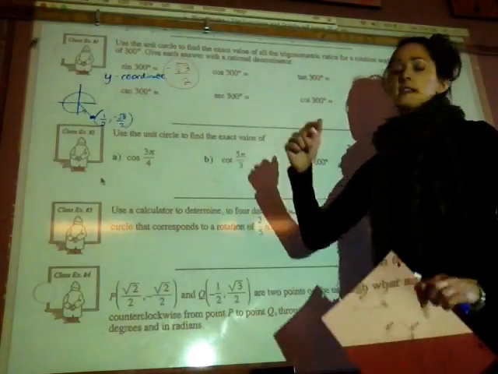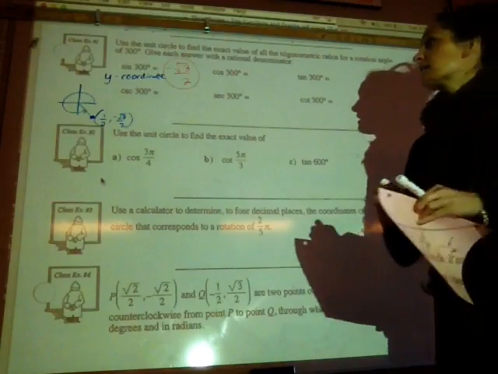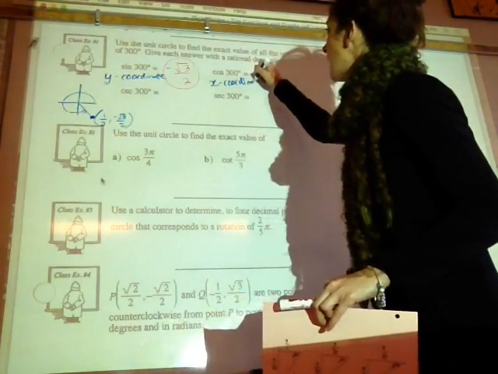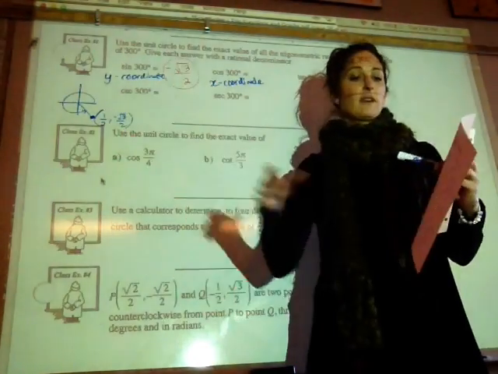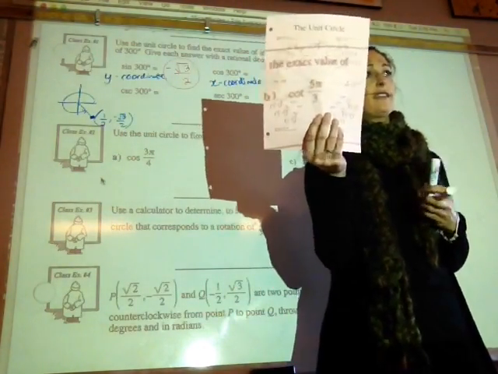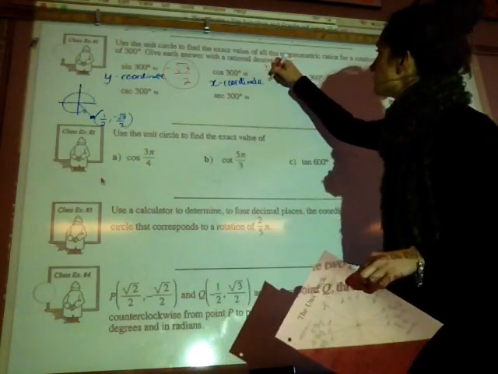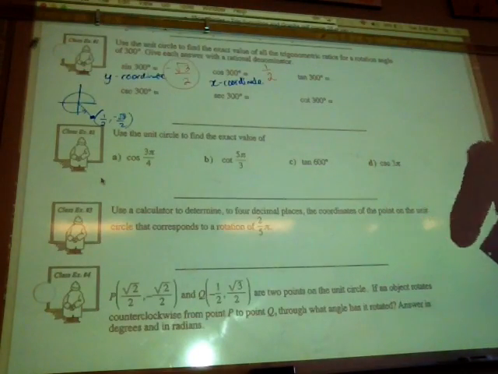Hey, what does cosine stand for in an ordered pair? The x coordinate. And the x coordinate at 300 degrees is 1 over 2. Okay, you can use your unit circle to find that. We have 1 over 2. And how do we find tan?